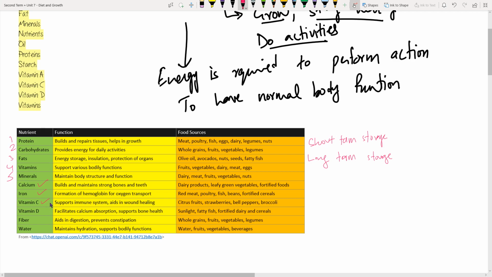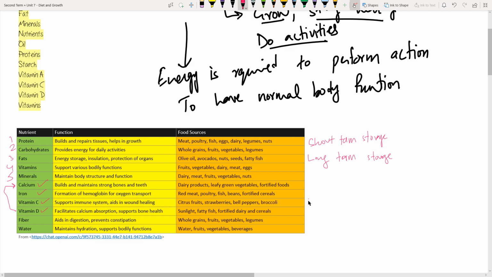Vitamin C is very important for the immune system. It aids in wound healing. Then we have vitamin D, which facilitates calcium absorption. Without vitamin D, our bones are going to have osteoporosis, or not being able to build properly functioning bones. So vitamin D absorption is very important. Similarly, vitamin C is very important.